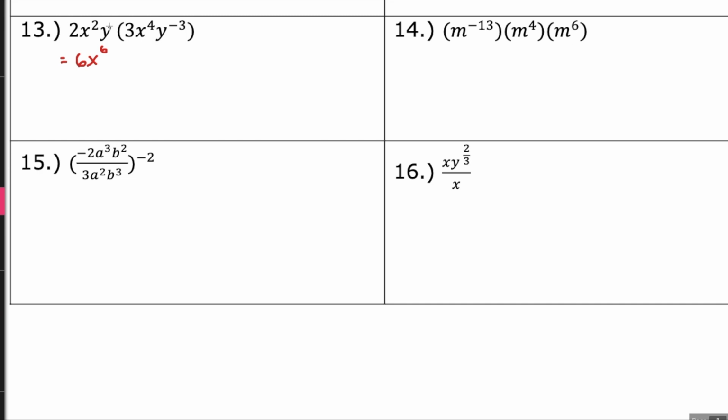Now the y, this one is a negative and this one is a positive, so this is basically y^1 plus negative 3, which is y^-2, or 6x raised to the 6 over y raised to 2.